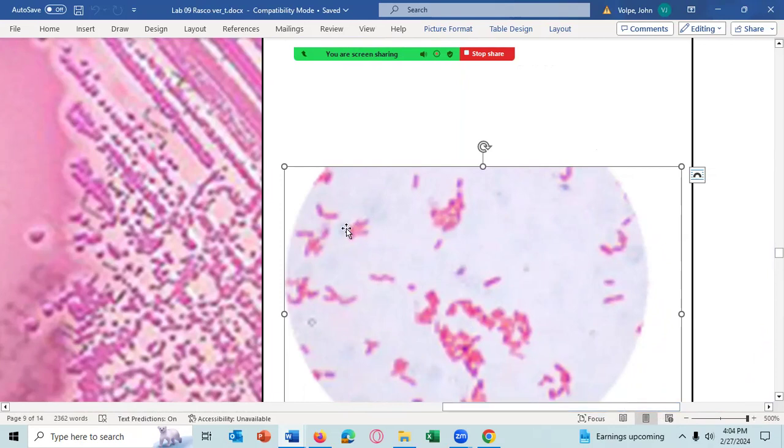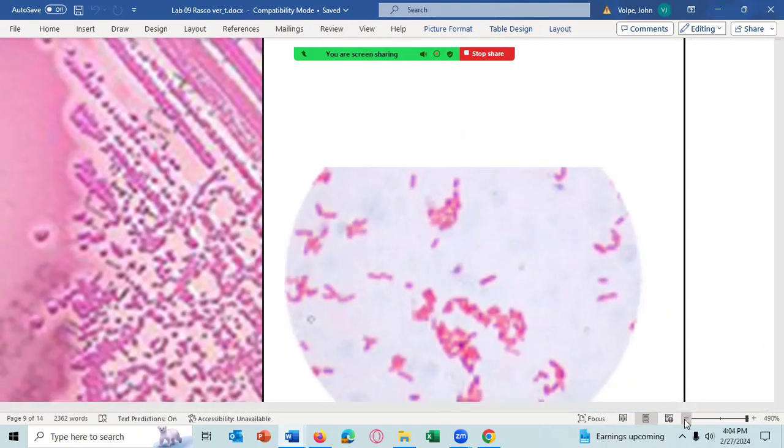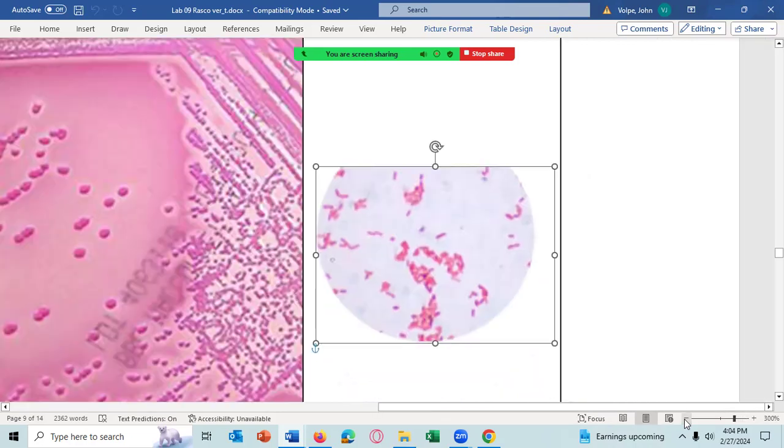And there, right there, you can see one cell, there's another cell, there's another cell. They're small, but you can make out the shape, and you can also make out the gram stain. Of course, I've already mentioned all the bacteria in this lab are either in the family Pseudomonadaceae or Enterobacteriaceae.